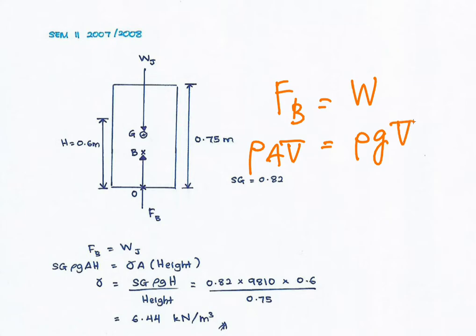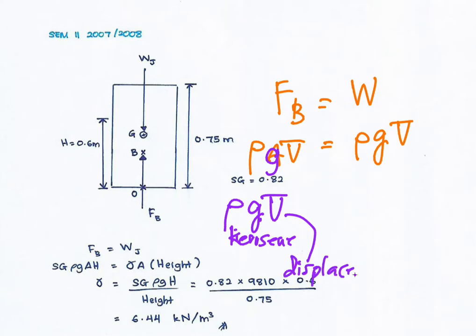But you must remember that to calculate the force of buoyancy, we need to use the rho for the liquid, the rho for kerosene here, and the volume is the volume of displaced liquid. For the weight, the rho is for the object, for the material, and the volume is the total volume of the material. Please understand the equation to calculate force of buoyancy and weight.